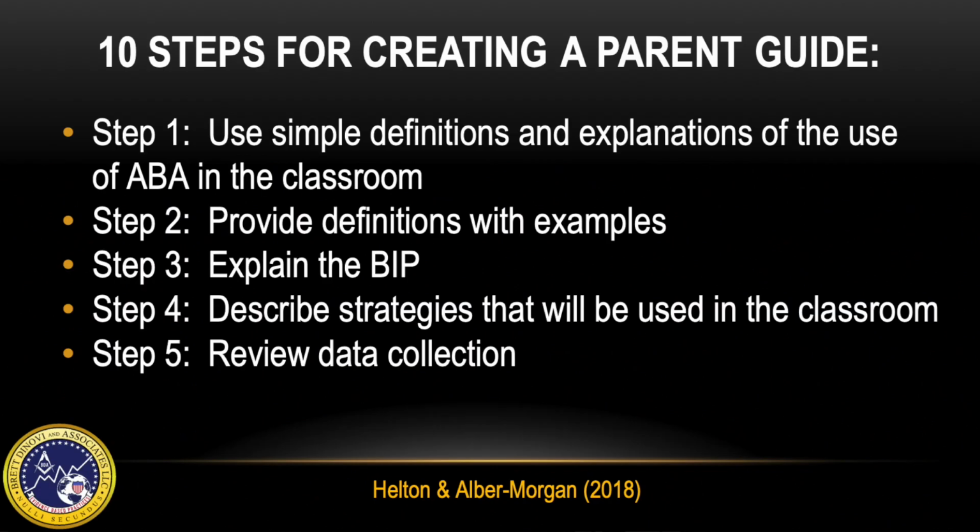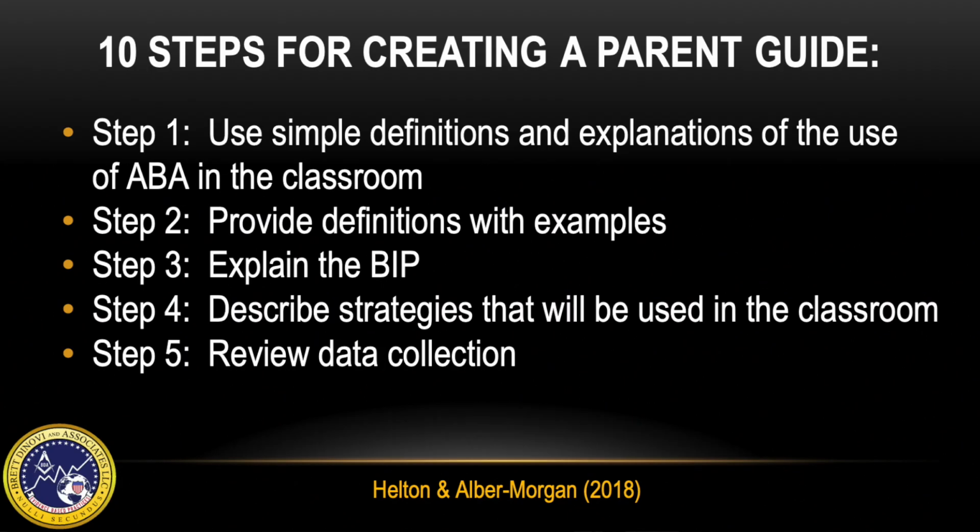Step 4. Describe the strategies that will be used in their student's classroom. Some common strategies are token economy, differential reinforcement, self-monitoring, and self-graphing. Step 5. Define and briefly describe the types of data that will be collected.